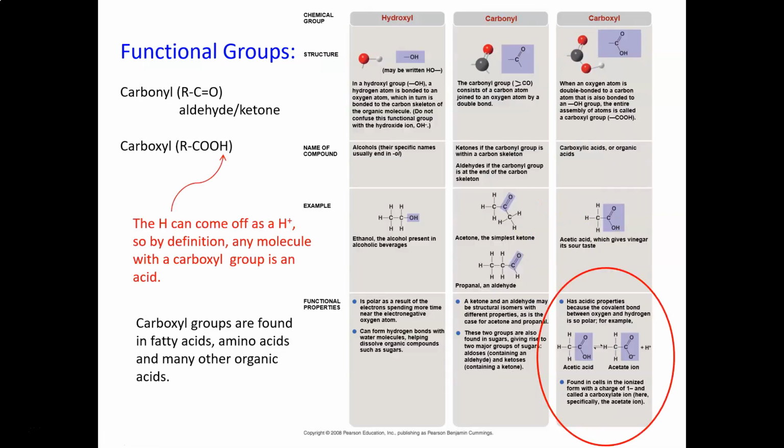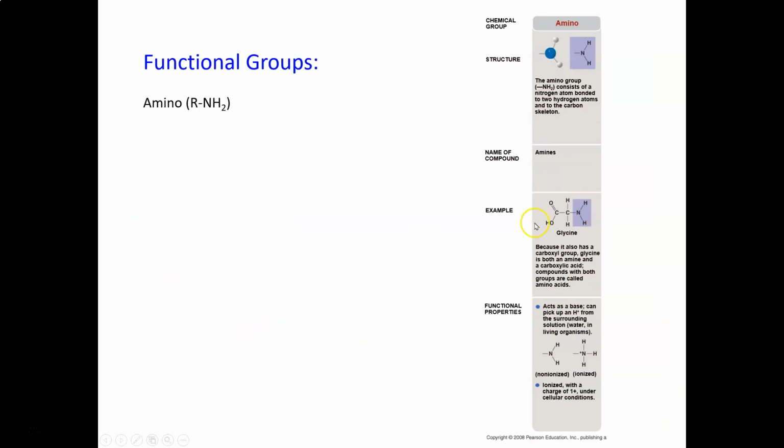Since on the previous slide we said carboxyl groups are acids, not surprisingly, an amino acid has an amino group on one side, that's the purple nitrogen here, with the 2 hydrogens bound to a central carbon, and then the acid part, the carboxyl group, a carbon with a double bonded oxygen and the OH on the other side.